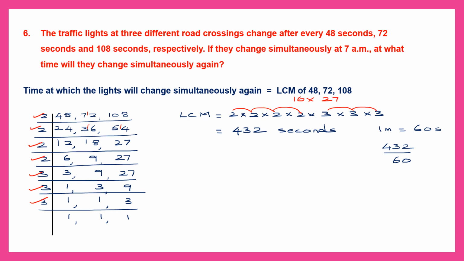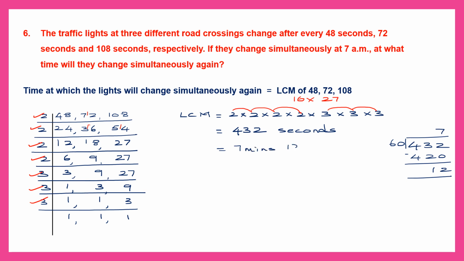So let's do that division. 432 divided by 60. Now 6 sevens are 42 we know. So 60 into 7 will be 420 minus 2. 3 minus 2 is 1. So we can write this as 7 minutes and 12 seconds.